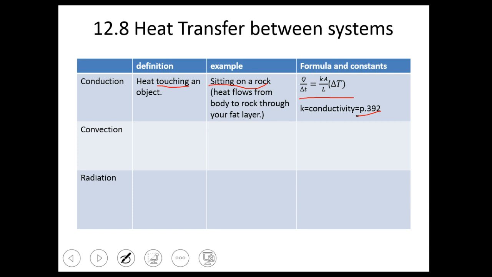So if it's your rear end on a rock, then you have to kind of figure out, okay, well, what's the surface area of a rear end? L is like the thickness of the layer that is conducting it. And then delta T is the temperature difference between the two things that are touching. Right? So if my hands are at 33 degrees Celsius and my cup of coffee is at 70 degrees Celsius, then I'm looking at a temperature difference of about 47 degrees Celsius or 37 degrees Celsius.